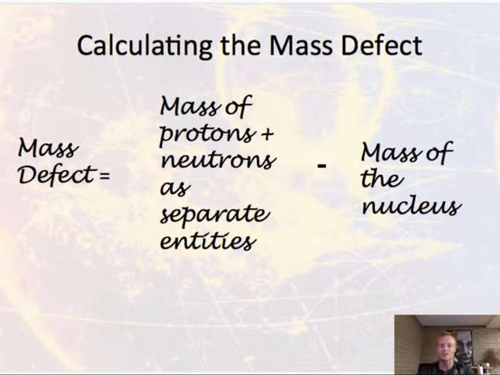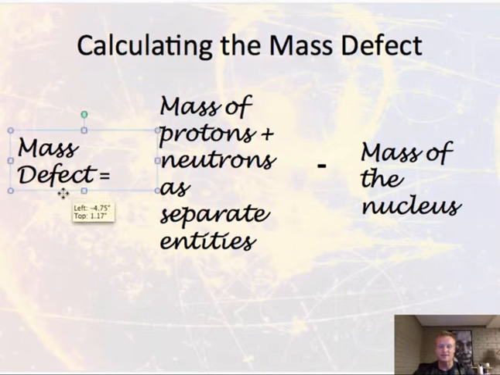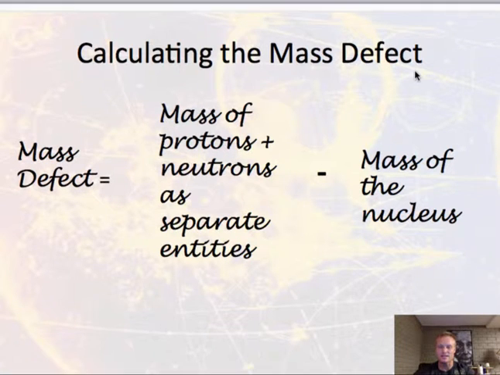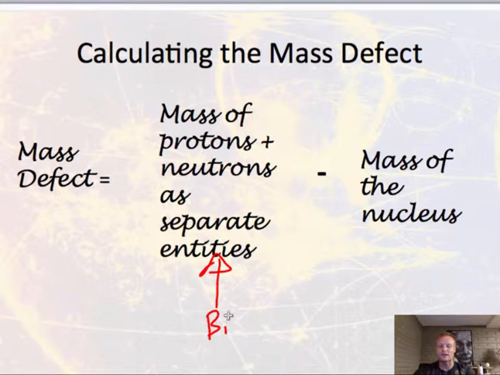Here it is in all its glory. The mass defect is equivalent to the mass of the protons plus the mass of the neutrons as separate entities minus the mass of the nucleus that you're talking about. I set it up in this fashion because this number right here, whatever that is, will always be bigger than this number here.